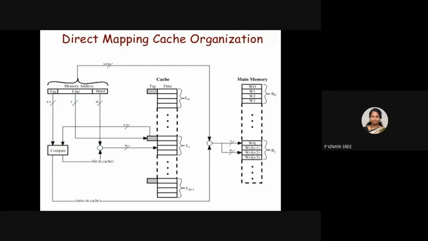So this is a diagram, but let me explain some more examples, then I will explain this. According to the morning class, I said that if it is direct mapping, the cache search address will be divided into three partitions. What are those three? One is the block offset, which is mentioned here as a word, and next is how many cache lines are present.